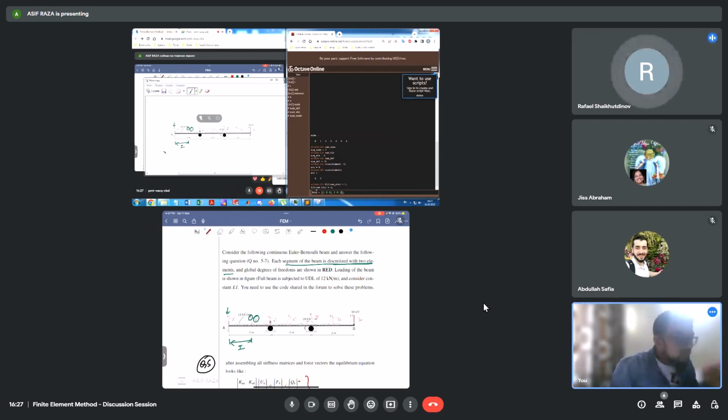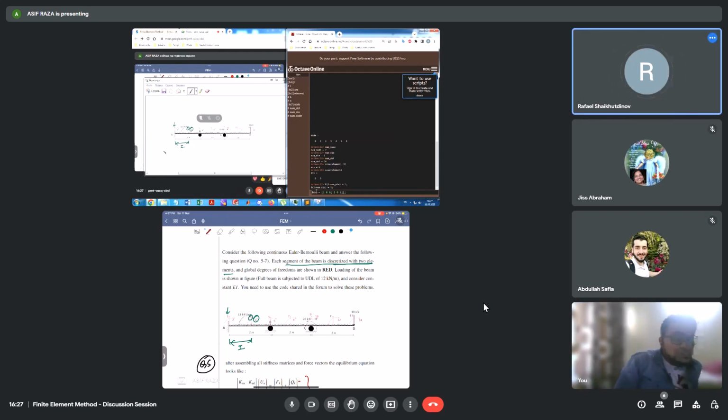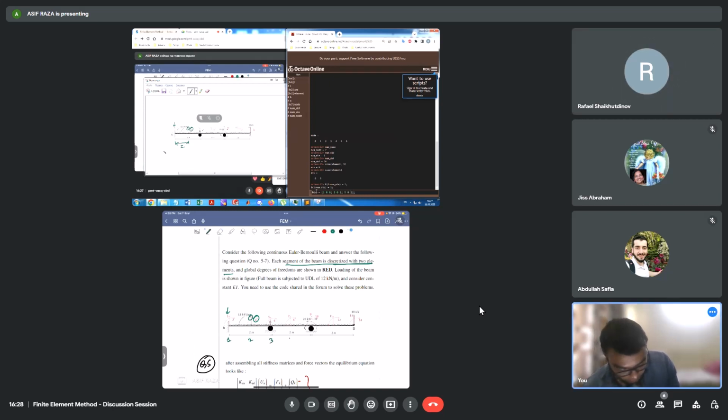Next, go to five, again restricted, rotation not restricted. 1, 2, 3, 4, 5, 6, 7. So the boundary condition nodes are 1, 3, 5, 7.